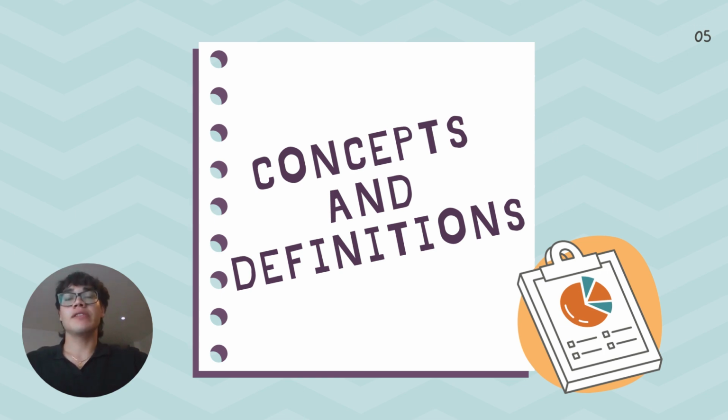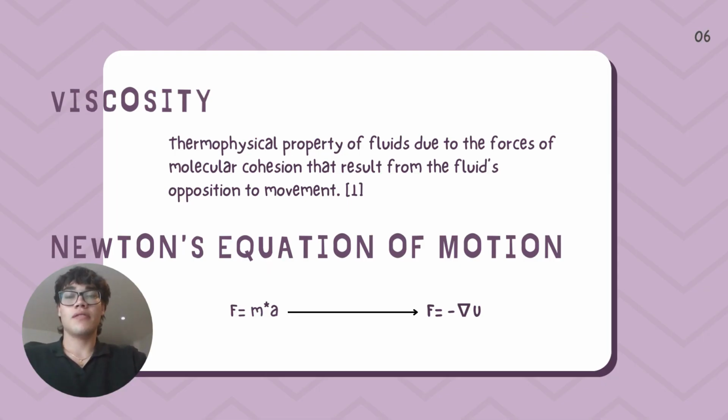Now we're going to define some concepts that are useful for completely understanding the report. First, we have the viscosity, that is a property that we're going to analyze in this report. And it's a thermophysical property of fluids due to the forces of molecular cohesion that result from the fluid's opposition to movement.